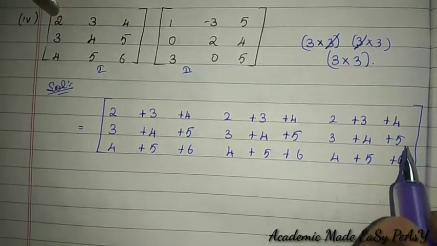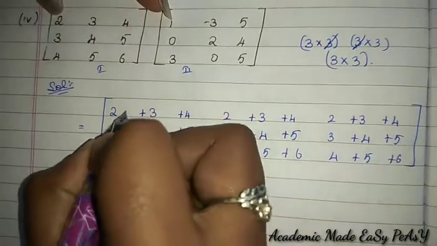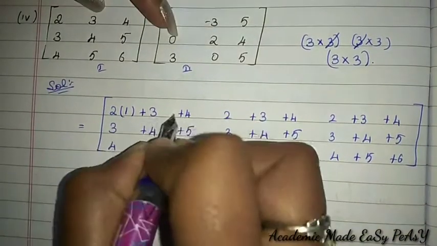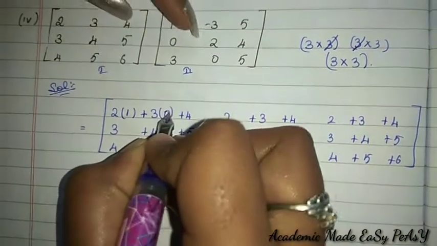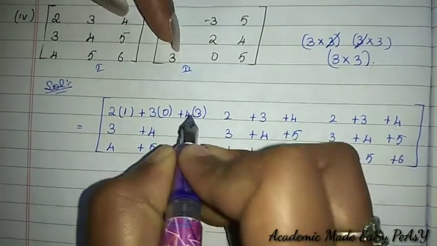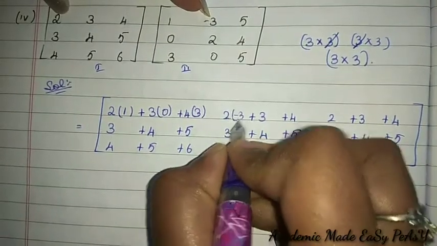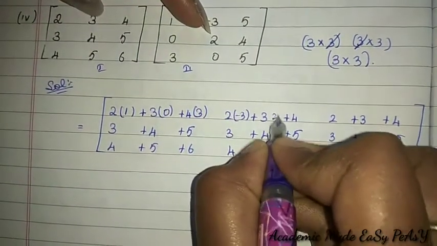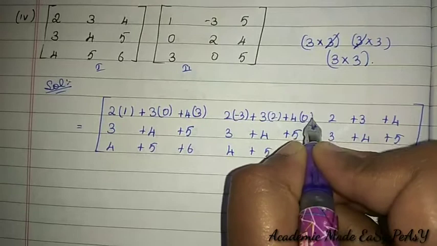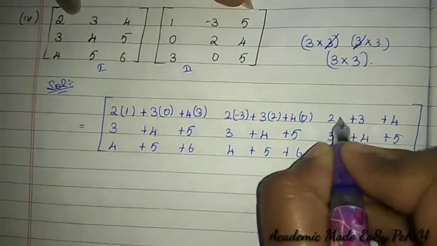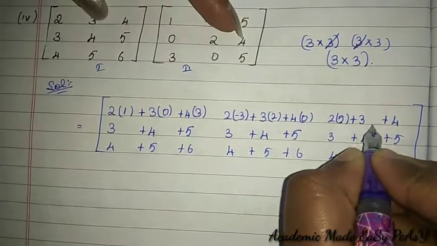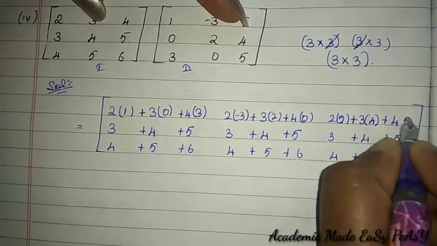First element with first element, second element with second element, third element with third element. Next, in the second column also, first element, second element, third element. Then here again, first element, second element, third element.